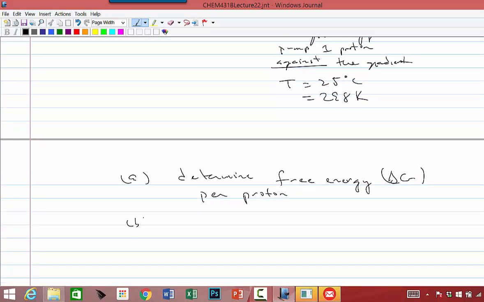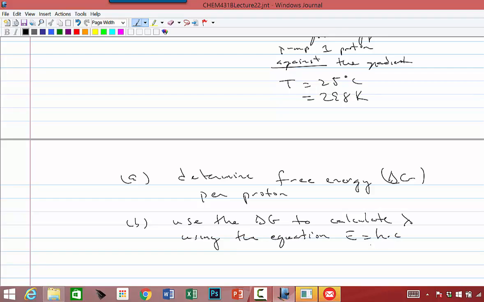B, use the free energy to calculate the lambda using the equation energy equals Planck's constant times the speed of light divided by lambda.